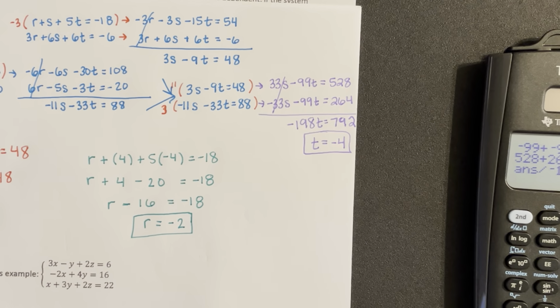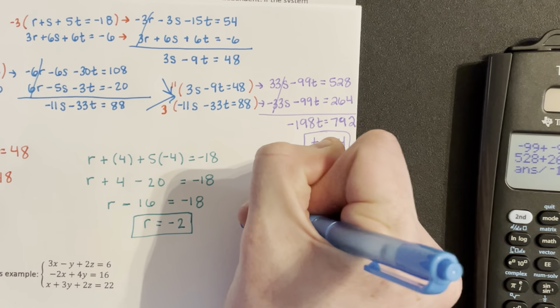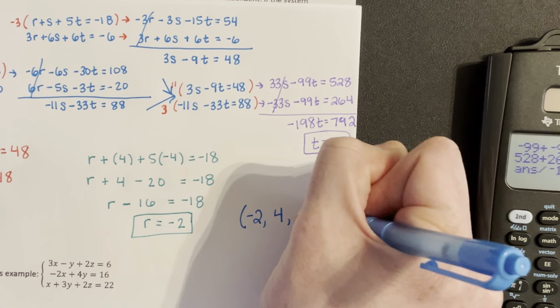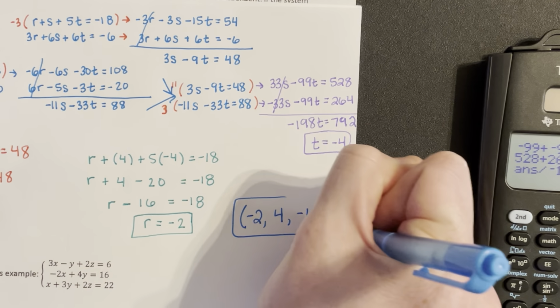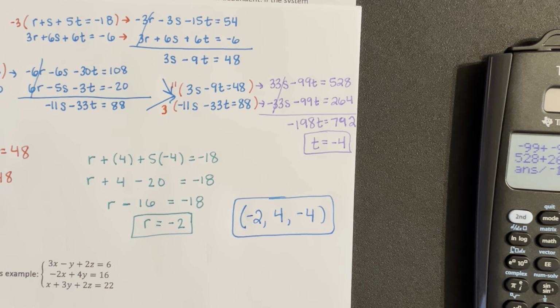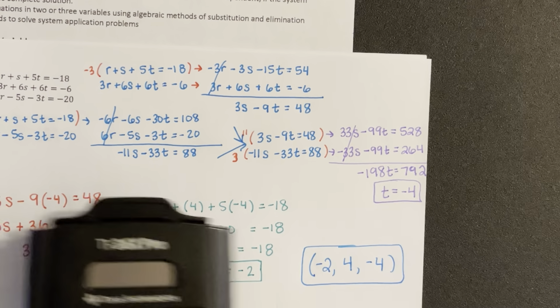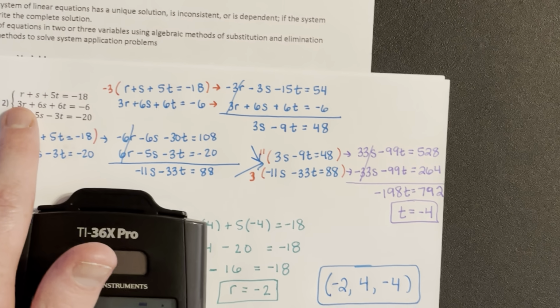We put them in order as we write out our answer. So I would say negative 2, r, s, t, s would be 4, t is negative 4. And to check to see if this works, if you want to actually check your answer, all you have to do is take it and plug it back into your equation.